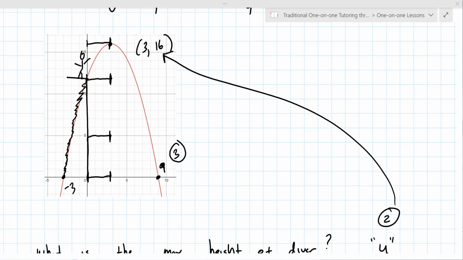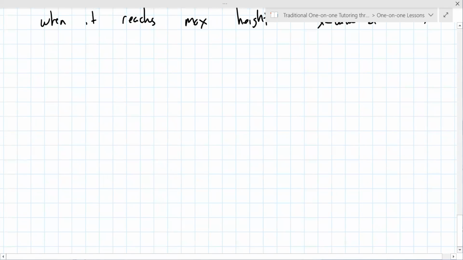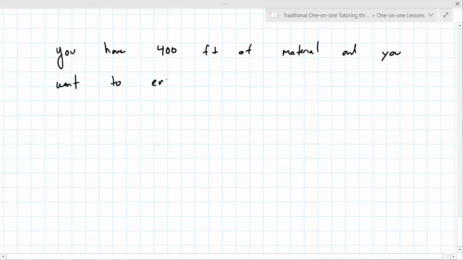The variation on this, and I think this is worthwhile for us to do, is it will say something like you have 400 feet of material and you want to enclose the largest area possible.